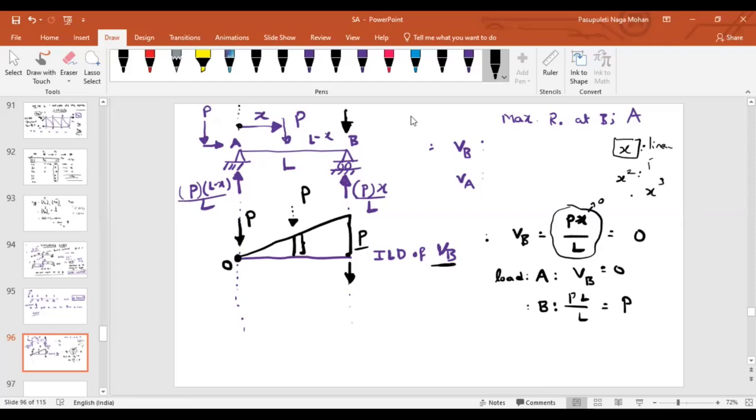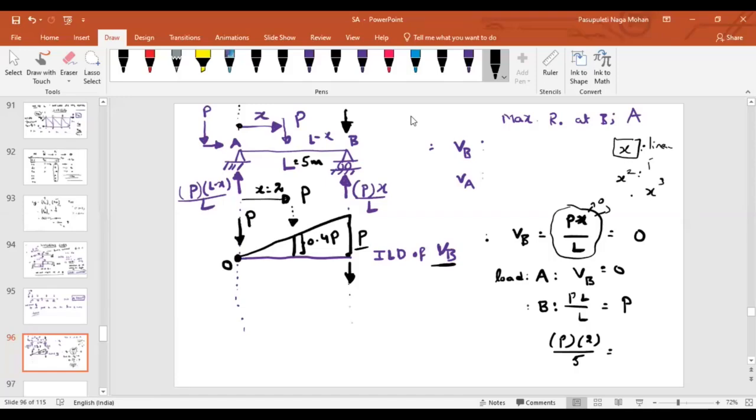Let us say the total distance is 5 meters and I want to find my reaction at B if my x is equal to 2. I can simply substitute in this equation. My x value is 2. P into 2 by 5, that will be equal to 0.4P.